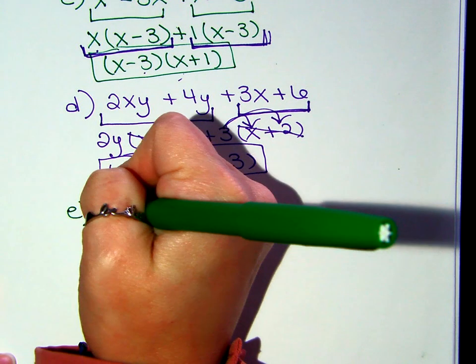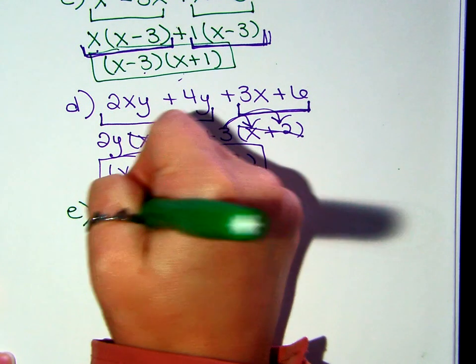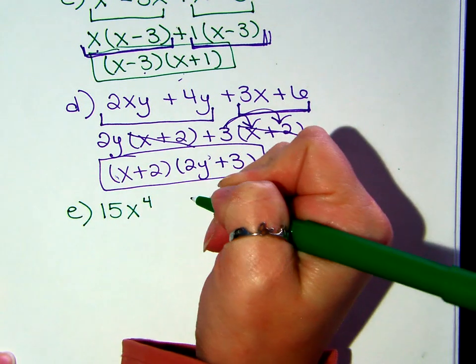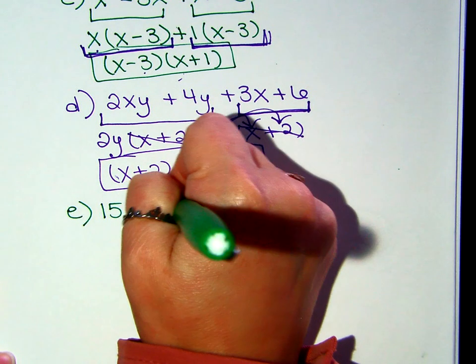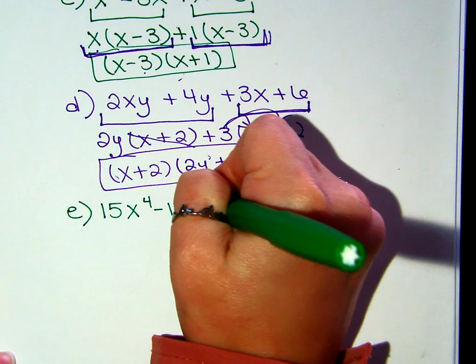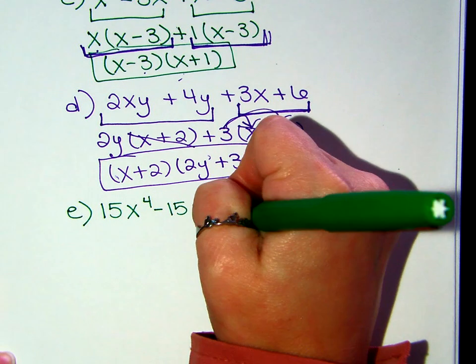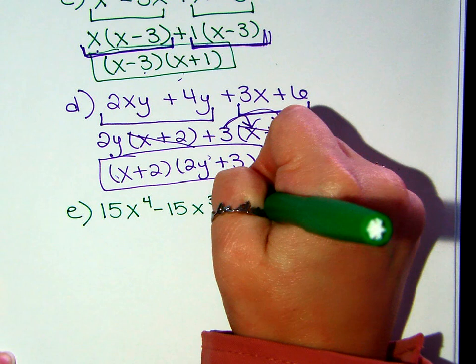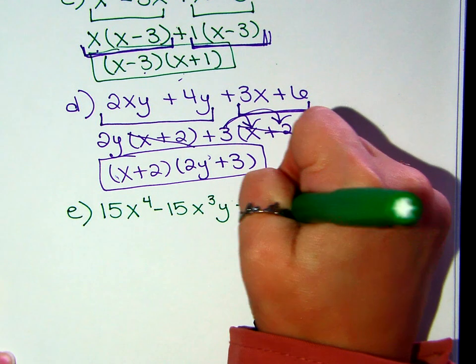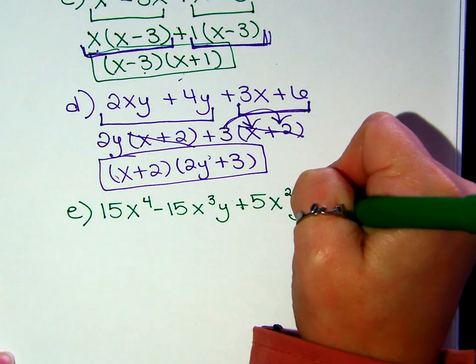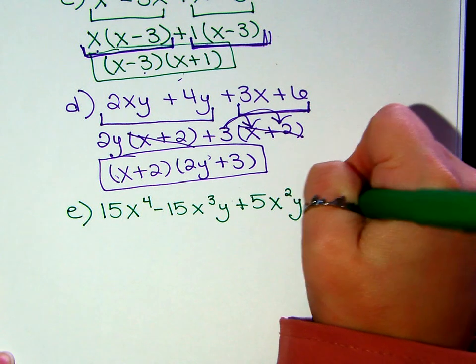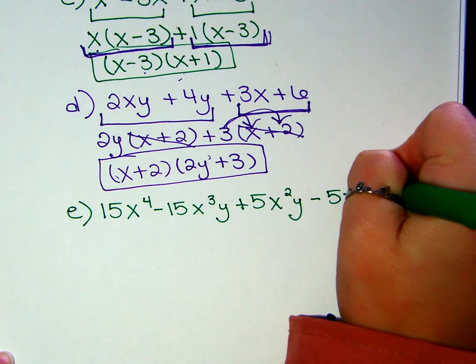All right, we've got 15x to the 4th minus 15x to the third y plus 5x squared y minus 5xy squared.